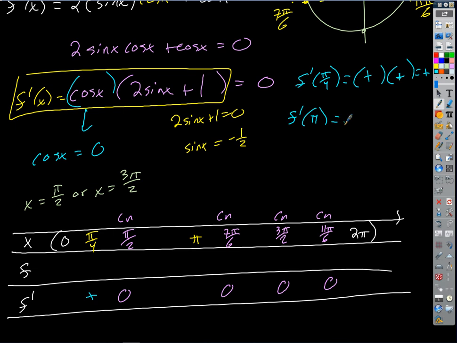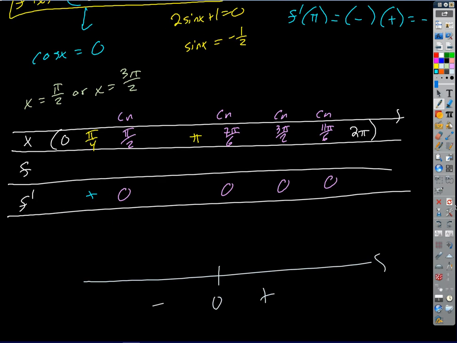Cosine of pi is -1, right? And I don't even care that it's -1. All I care is that it's negative, right? What is the sign of sine of pi? 0. So 2 times 0 plus 1 is positive. Negative times positive is negative. So what is this for sure?